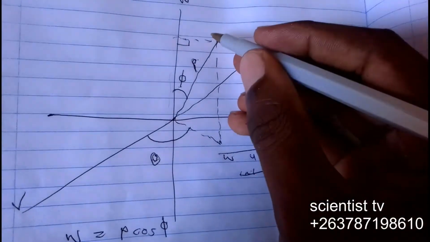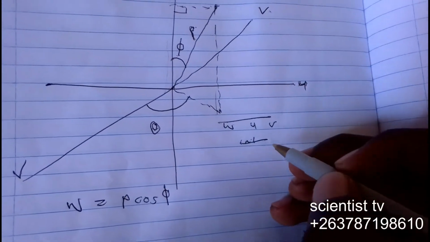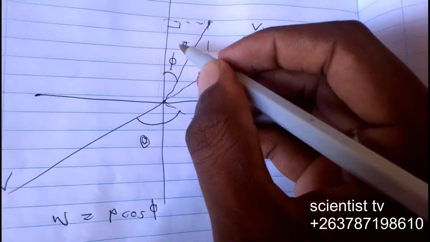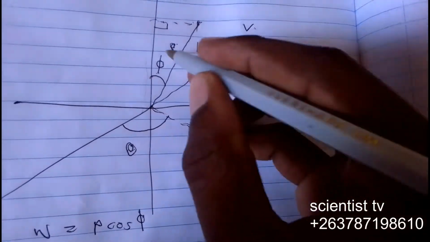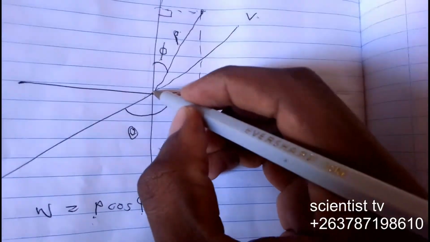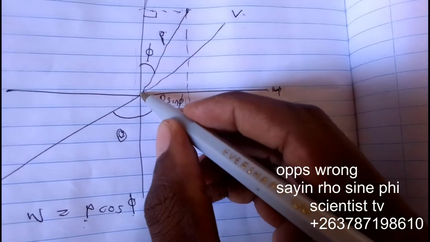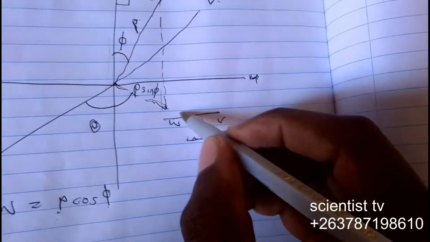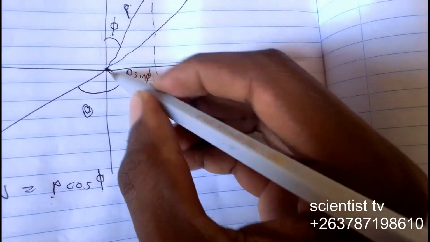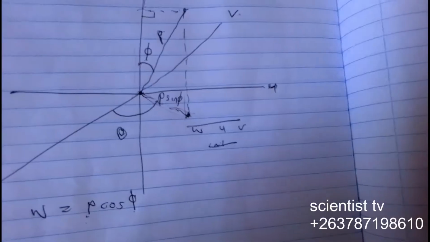Now we want to project to find u. From here to here, the horizontal projection is rho cos phi, so from here to here it's rho sine phi. That's the projection from over here to over here, so it's rho sine of the angle between here and here.